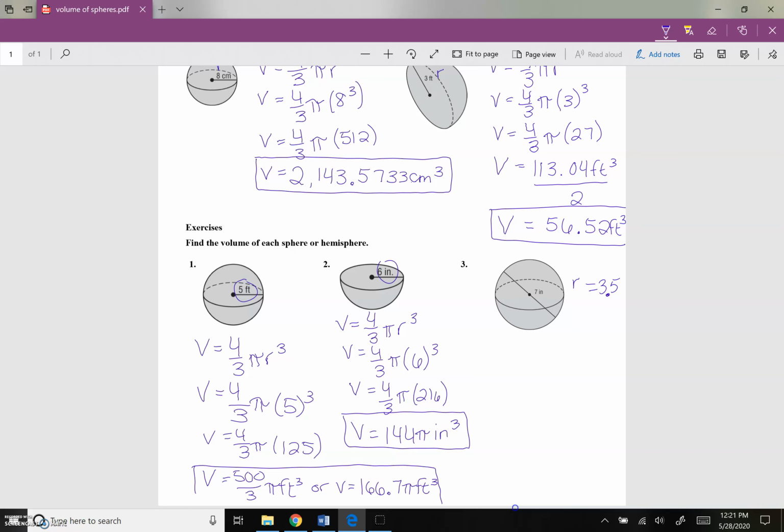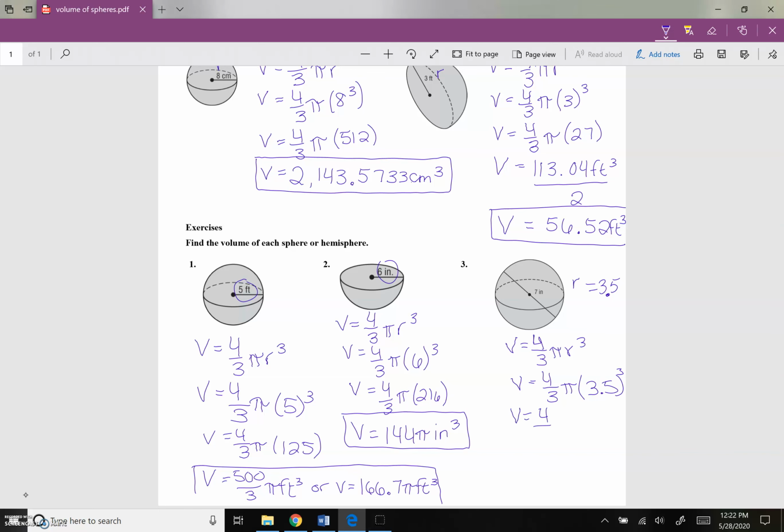So we'll set up our equation the same way. Plug in 3.5 for our radius. I'm plugging the 3.5 cubed, or 3.5 times 3.5 times 3.5, into my calculator because I don't want to figure that out in my head.